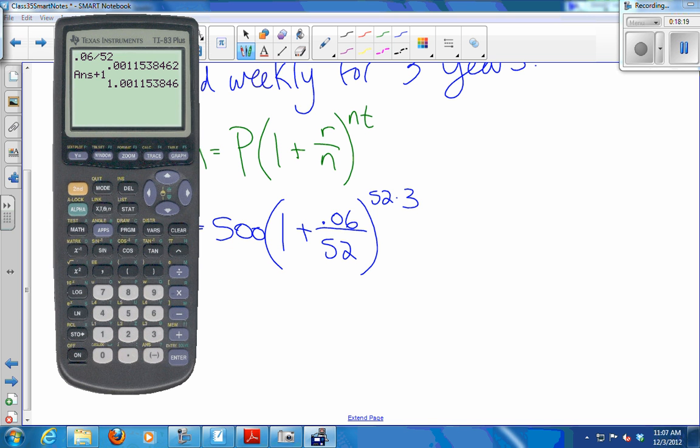Because exponents come before multiplication. So I'm going to raise that to whatever the 52 times 3 is, 156. And then I multiply that times the 500. The multiplication is the last thing. So we get $598.54.